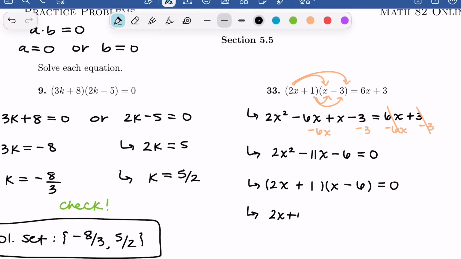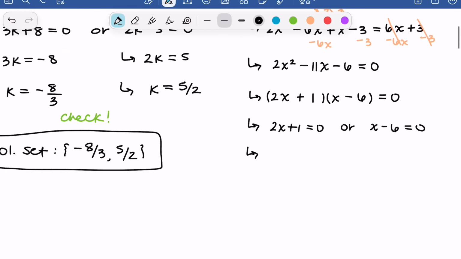So 2x plus 1, that first factor, is going to be equal to 0, or my second factor is going to be equal to 0, and then I can solve for my variable x. I'm going to end up with 2x is equal to -1 here, and then dividing by 2, I'm going to get x is equal to -1/2. Doing the same thing for my second equation here, I'm going to end up with x is equal to +6 by adding 6 to both sides of my equation.